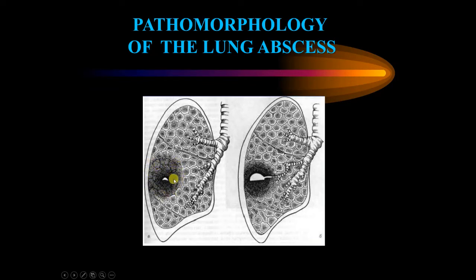When the capsule ruptures, the pus can go to the bronchial tree, as shown in this picture, or it can go through a rupture of the parietal or visceral pleura to the thoracic cavity.